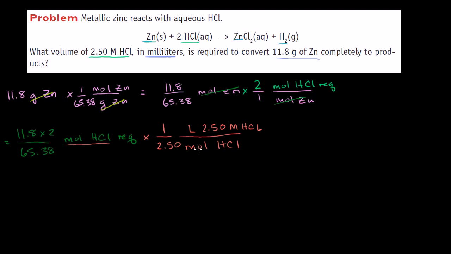And I wrote the moles in the denominator because I wanted to cancel out here. So it's 1 over 2.5. So let's cancel those two out. That cancels out with that right there. And then we are left with 11.8 times 2 in the numerator, and in the denominator, we have 65.38 times 2.50.